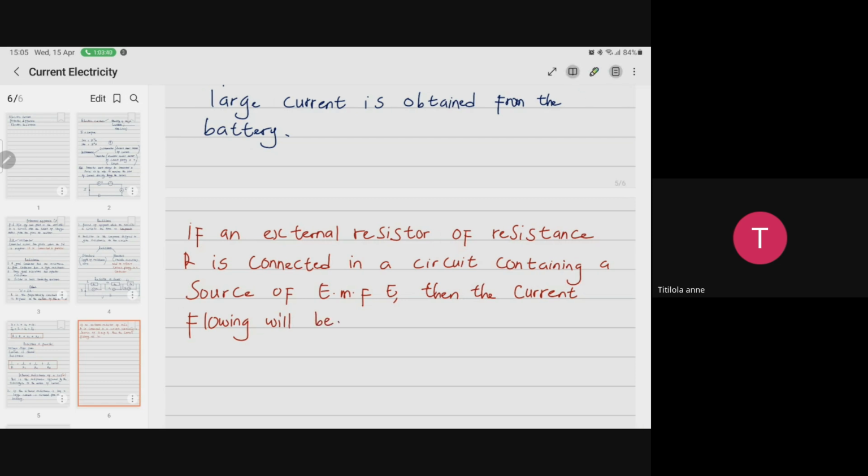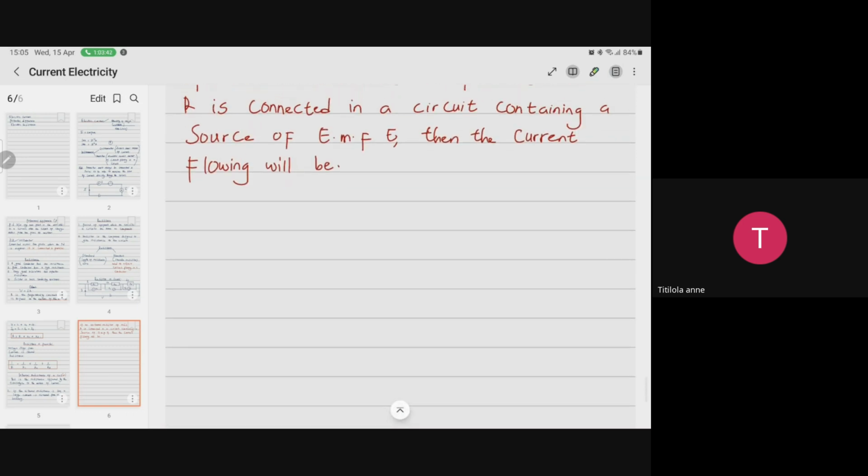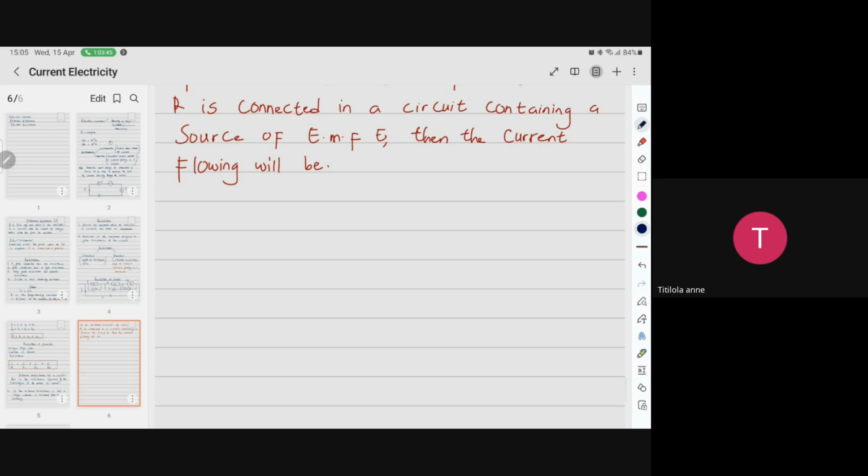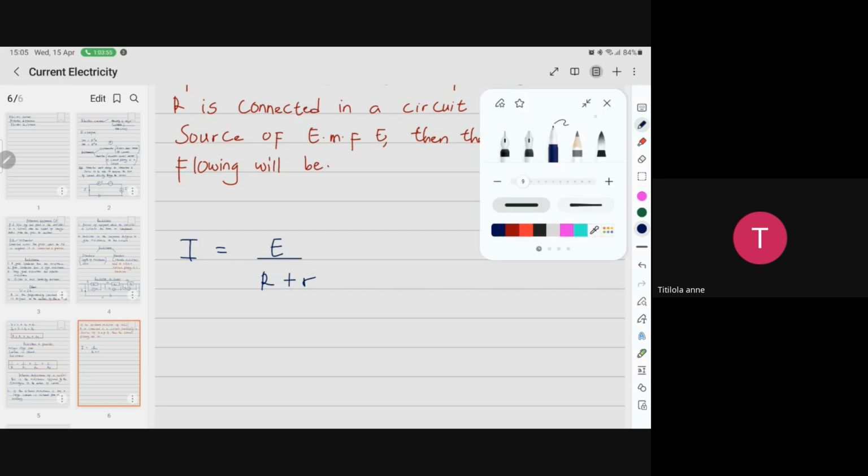I know back then I used this formula a lot during my own exams, right? So if you want to calculate that current flowing, I is equal to E all over capital R plus small r. And this is our second formula for the day, right?